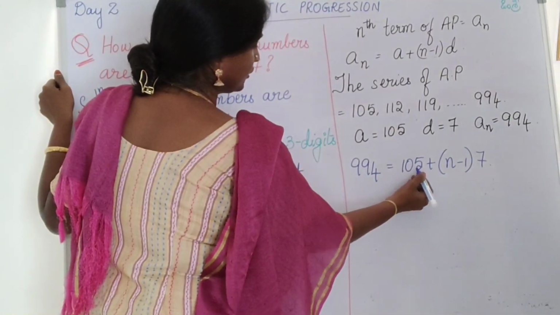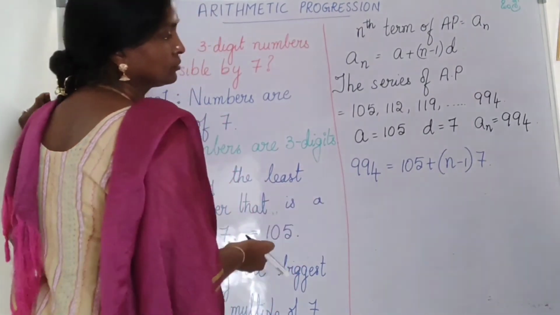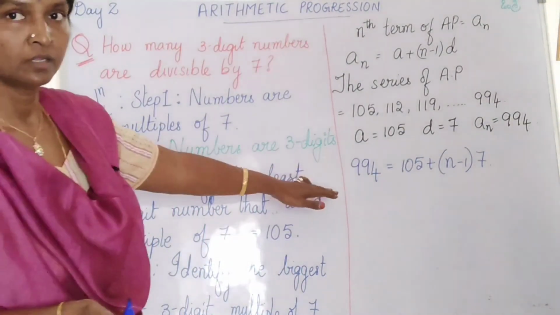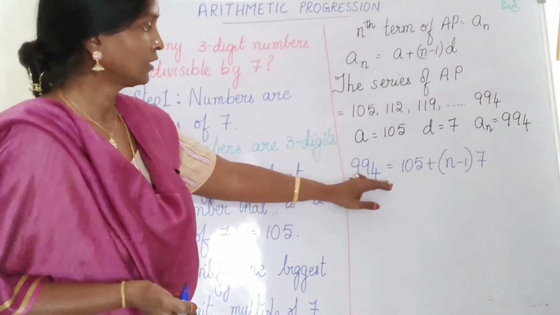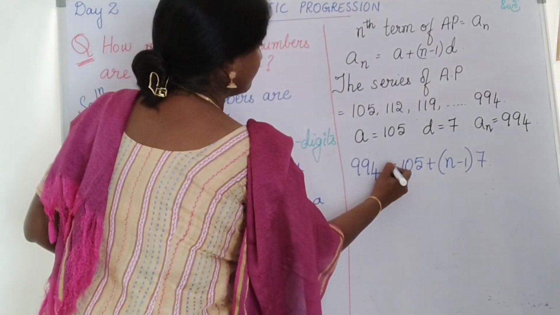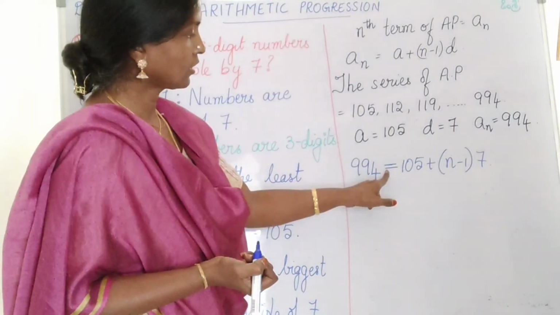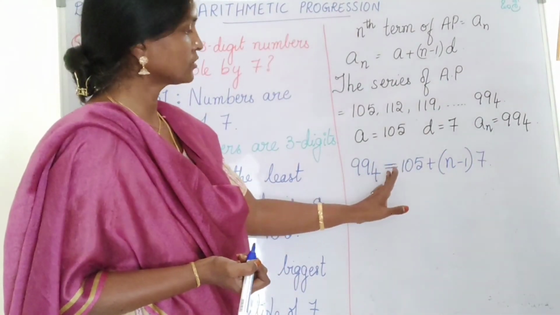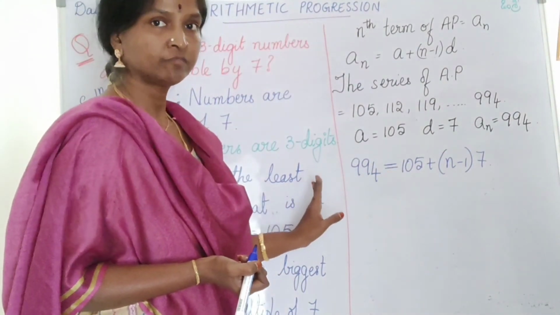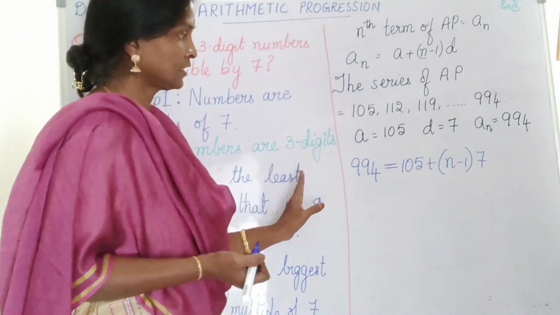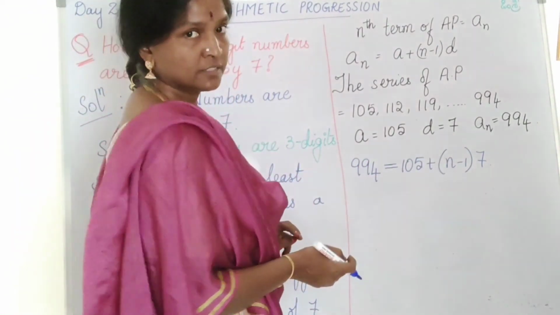So here when you transpose 105, I think you know that when you have an equal to sign, whatever is on the left side of the equation is LHS and the right side is RHS.